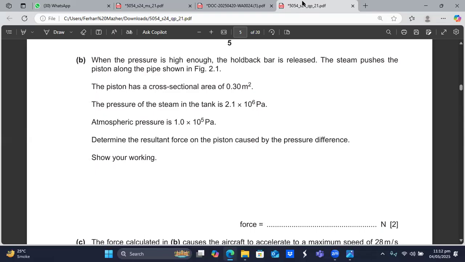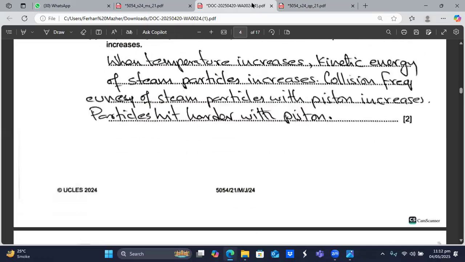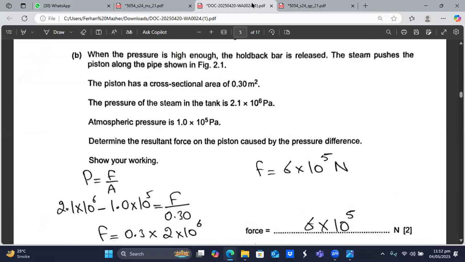And the atmospheric pressure is 1 × 10^5 Pascal. And we know the cross-sectional area of the piston. So, you know the pressure is equal to force divided by area. So we can find that force, that will be the pressure multiplied by area. So find the difference of the pressure between the steam and the atmospheric pressure, which is acting outside that piston.